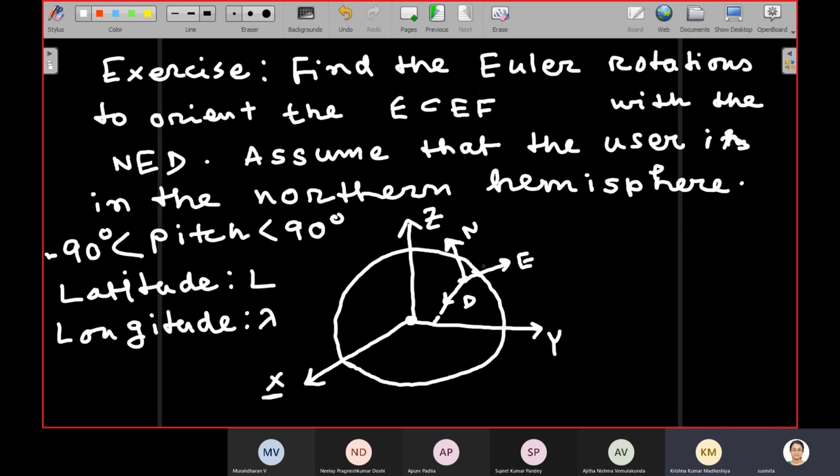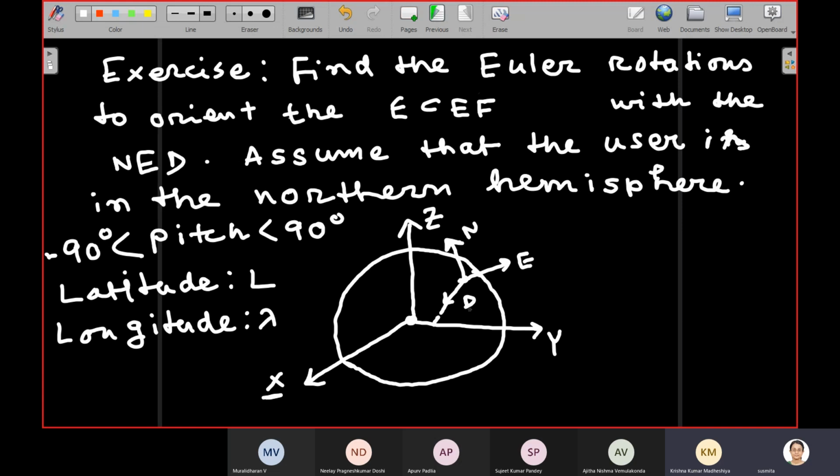Okay, so you need to apply the Euler rotations such that the ECF x-axis is oriented along north. Okay, here along north at some latitude and longitude L and lambda. And after the rotation, the y-axis should be along east and z-axis should be along down. Is the question clear to you?